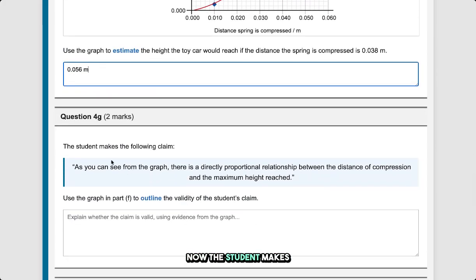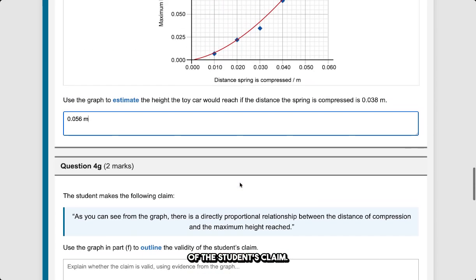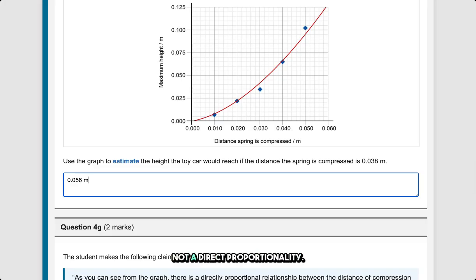Right. Now the student makes the following claim. As you can see from the graph, there is a direct proportional relationship between distance of compression and maximum height reached. Using the graph, part F, outline the validity of the student's claim. Now you clearly see here it is not a direct proportionality. You can see that the line is going through the zero, but it is not a straight line.